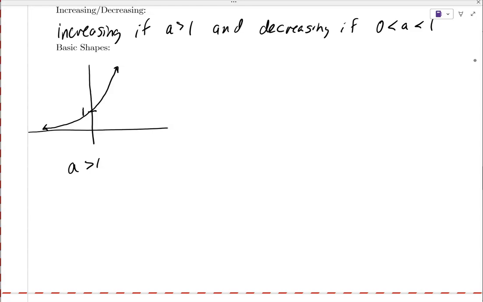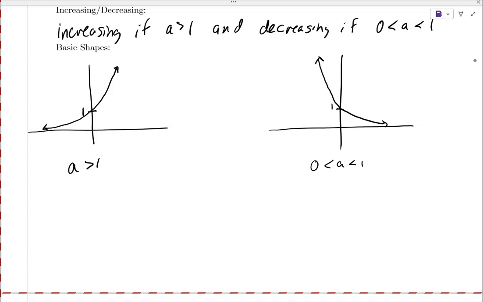We approach the horizontal asymptote as you go out to the left, but not the right. If you're between 0 and 1, you still have that y-intercept and a horizontal asymptote, except that it comes this way. Those are the basic shapes.